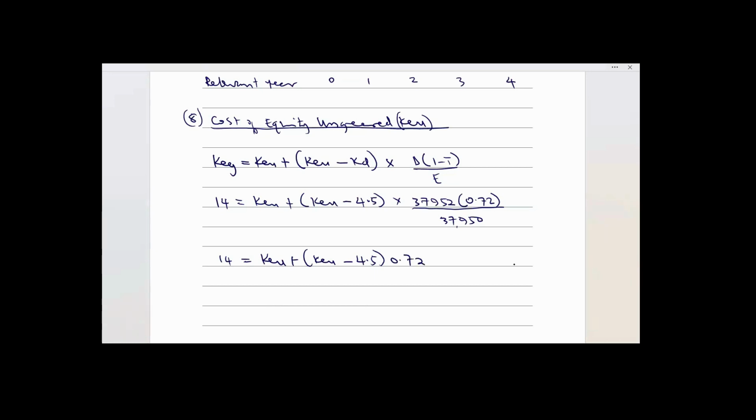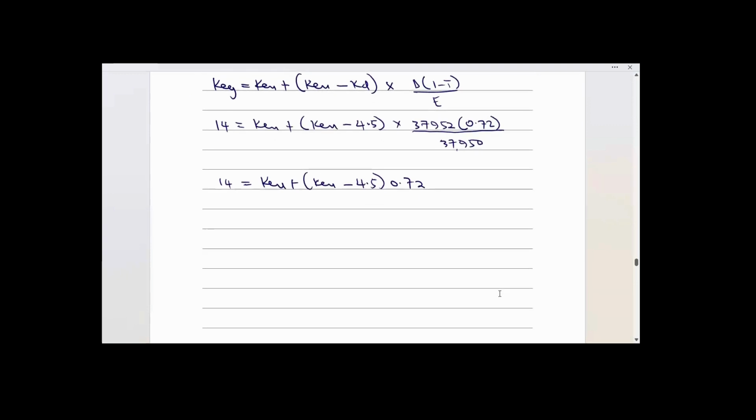0.72. So we need to expand. So I would then say 14 equals KEU plus 0.72 KEU minus 0.72 multiplied by 4.5, multiplied by 3.2, which is 3.24.